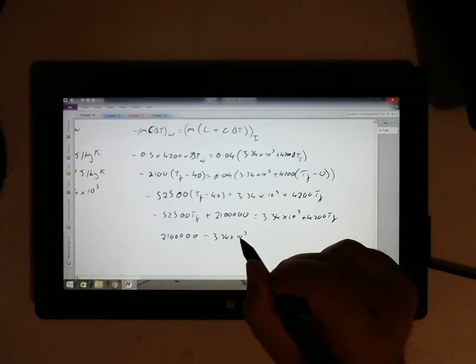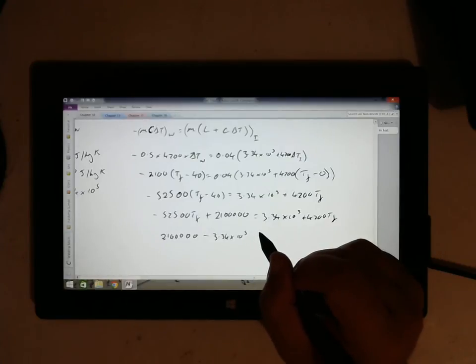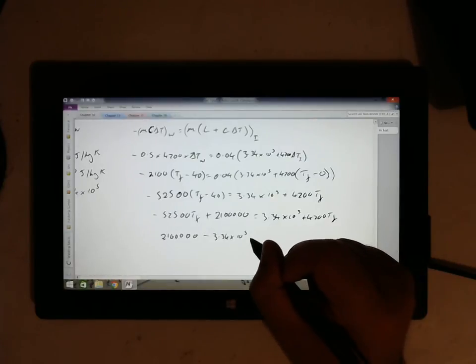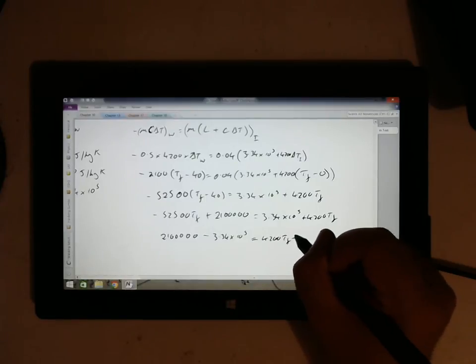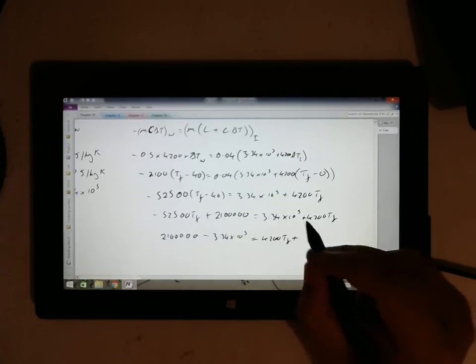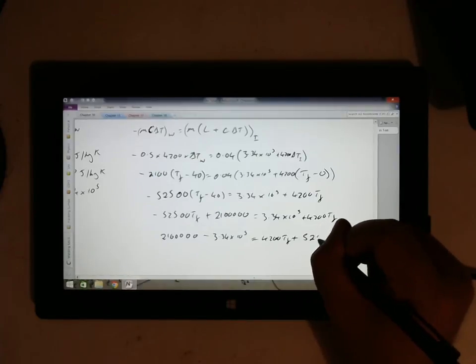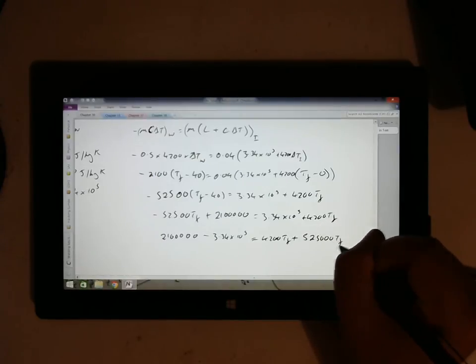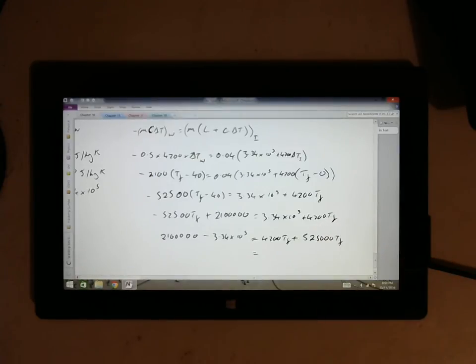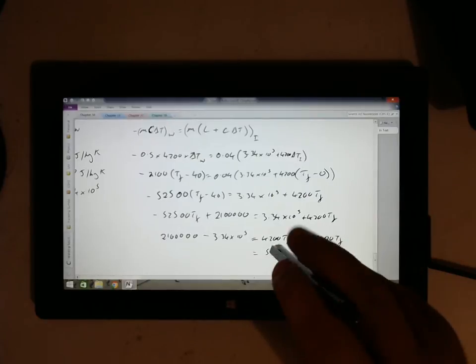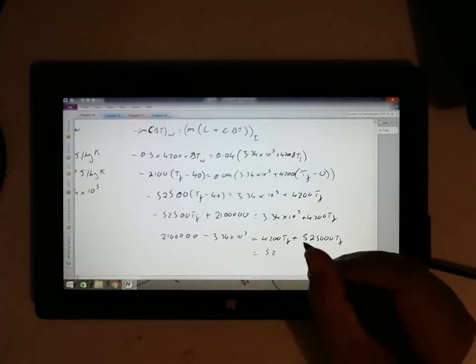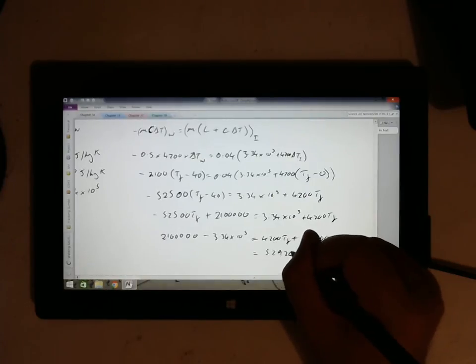So that'll be around the 300,000 mark, obviously, equals 4,200 TF plus, because opposite of a negative is a plus, 525,000 of TF, which would equal, let's see, 529,200 TF.